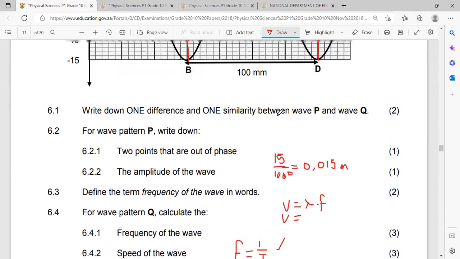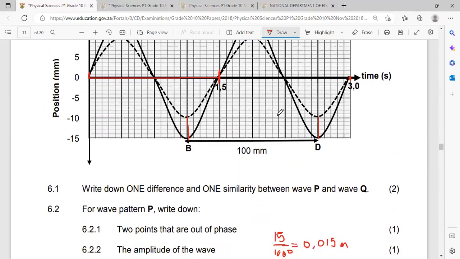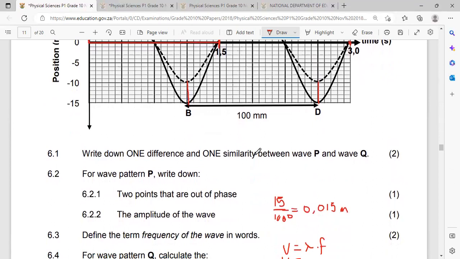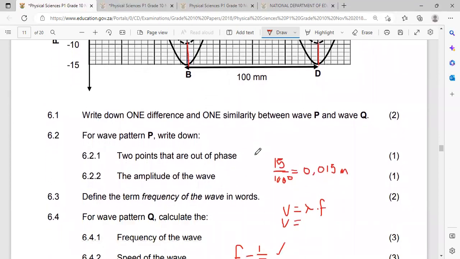And we're gonna go up here and see that our wavelength is indicated in millimeters. We're gonna have to divide it by 1,000 to change it to meters.